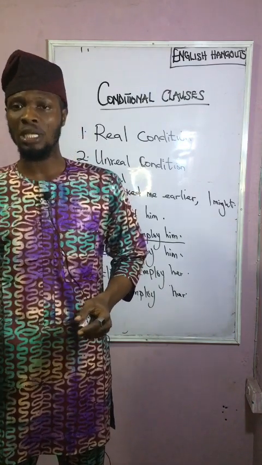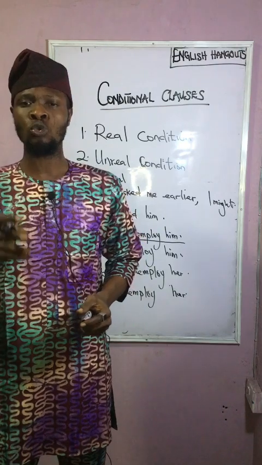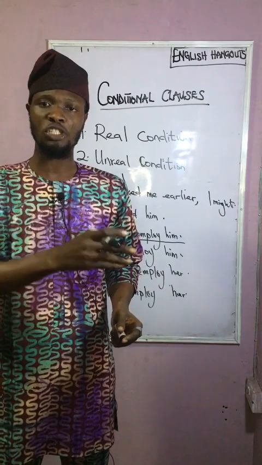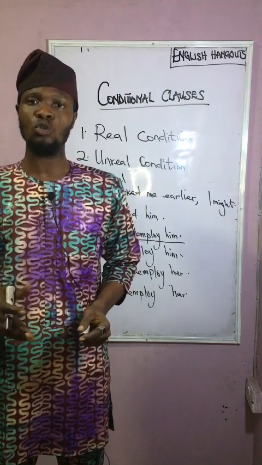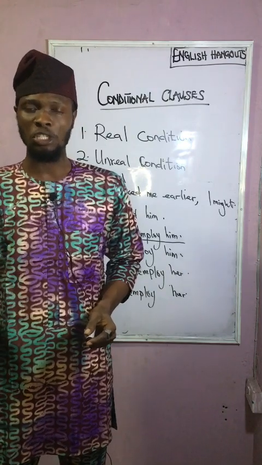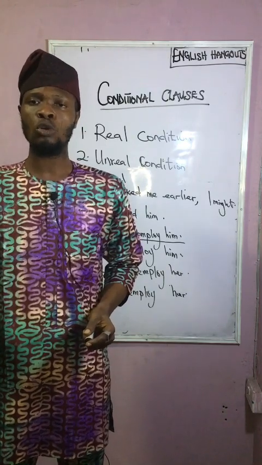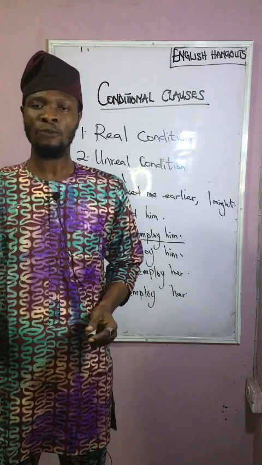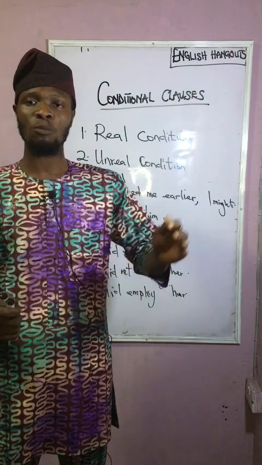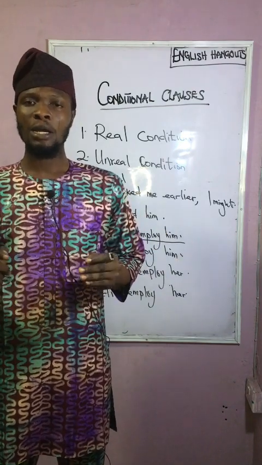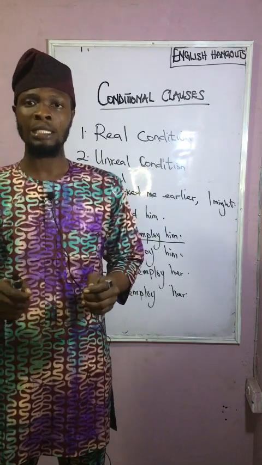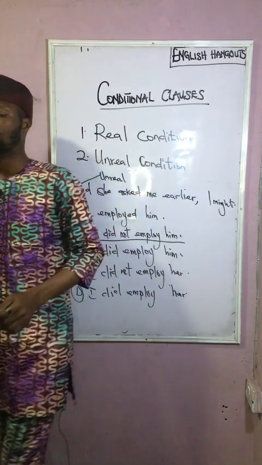In that situation, the verb in the two clauses should be in the present tense. Unreal conditions have to do with actions that are unlikely to happen, and the verb should always be in the past form. Having unraveled this, I will highlight some questions on the whiteboard, and we will tackle them in line with the rules of real and unreal conditions.